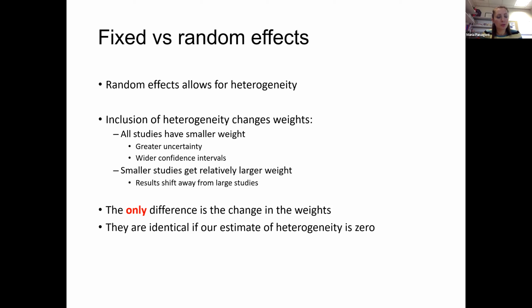So let's say that you've got one outlier in your trials, a trial that has not been done properly. If you allow it with a fixed effect, that trial is going to have an important impact in the overall effect. But if you're using random effects, then its impact in the overall effect is going to be reduced significantly. So more or less, it won't have a major impact in the overall effect.